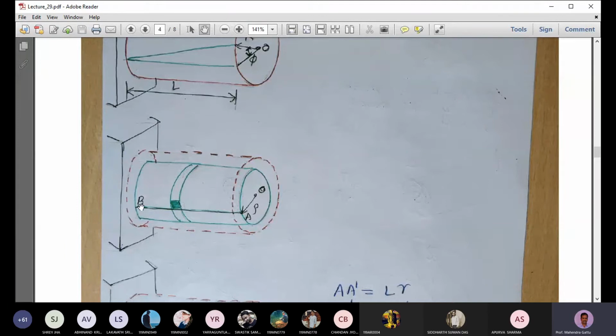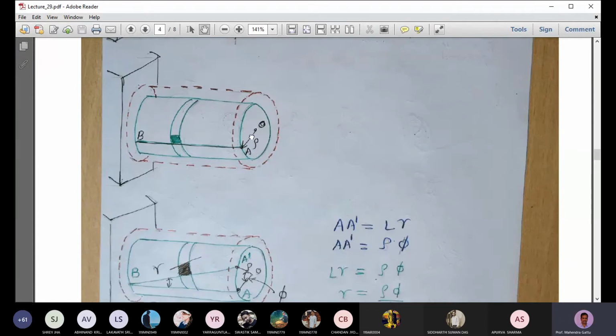That line is AB. So we can cut a small segment. This is the segment we are cutting, and you can see that area sketched on the outer surface of the inner cylinder. Now under the action of the twisting moment, this segment will deform, and this line will also deform, and that deformation is shown here.